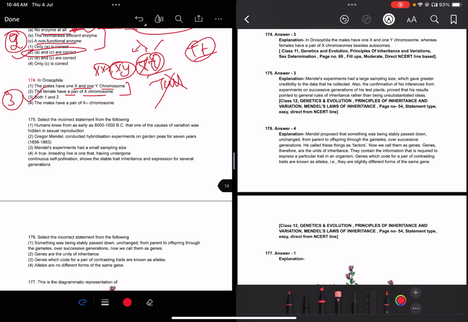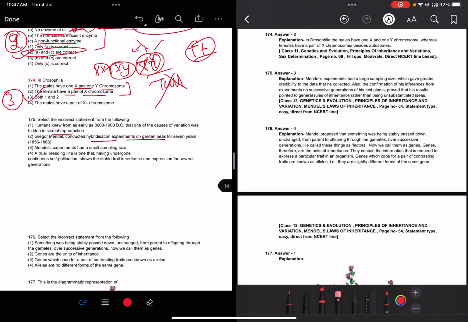Select the incorrect statement from the following. Humans knew from 8,000 to 10,000 BC that one of the causes of variation was hidden in sexual reproduction. Gregor Mendel conducted hybridization experiments on garden pea for 7 years. Correct.